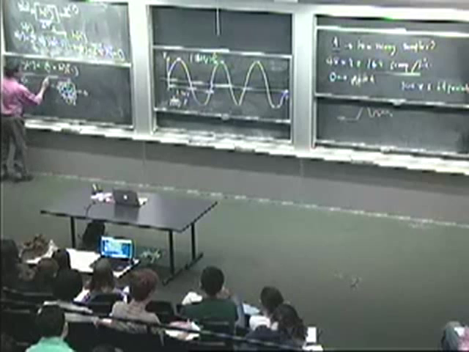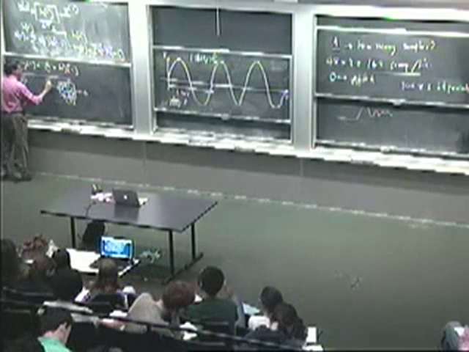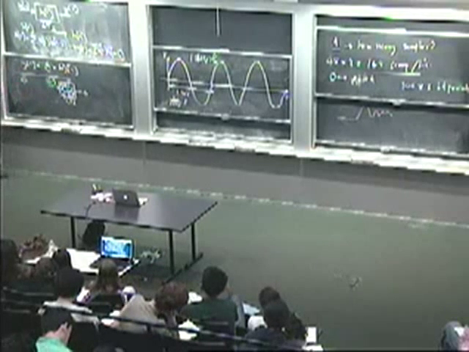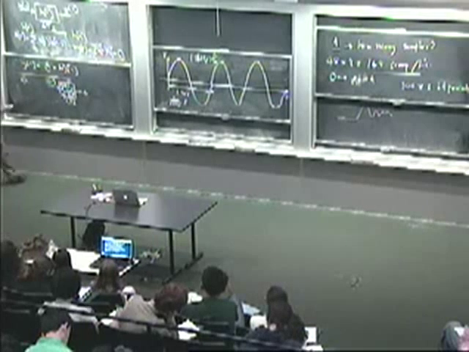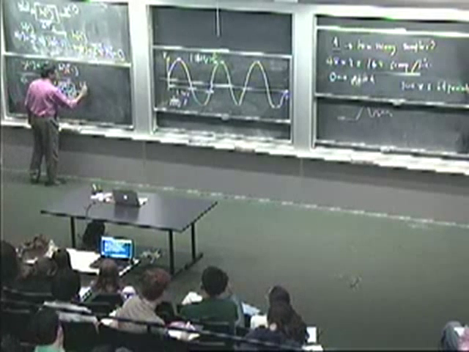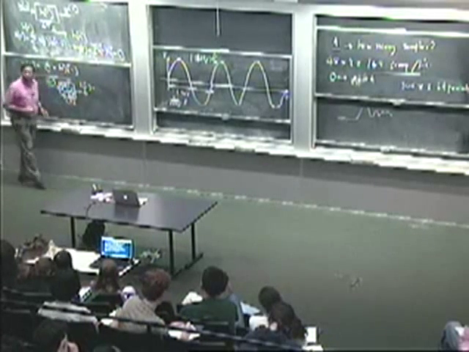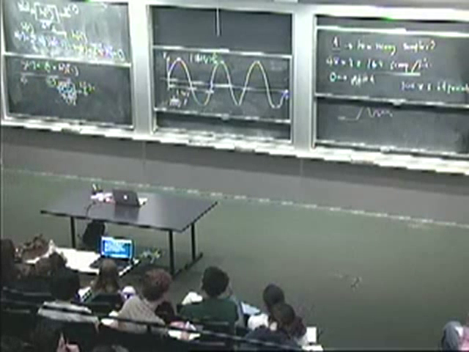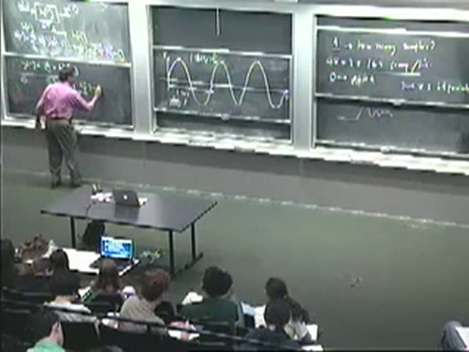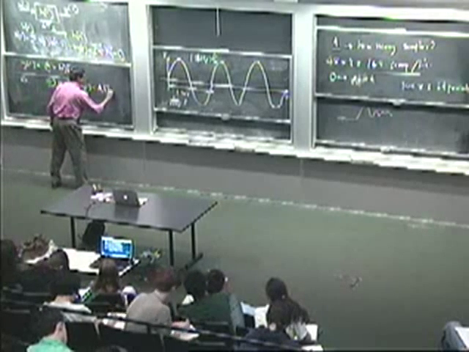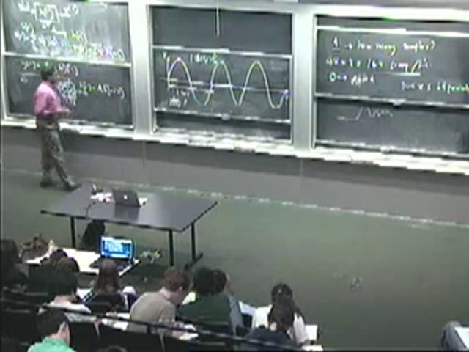So what's the unit sample response? If I put in the unit sample function as the input, what's the output? Anyone? Yeah. A delta of n minus D, right?